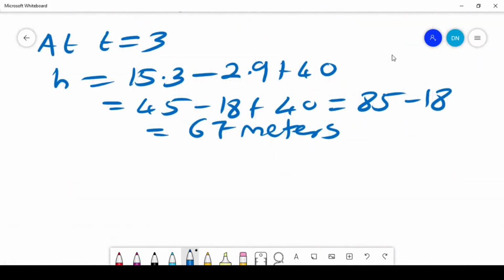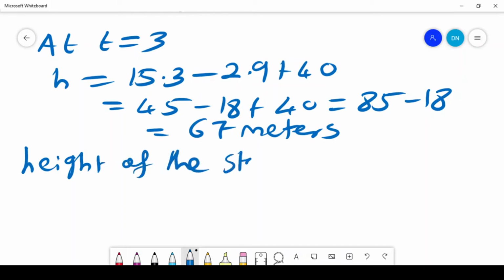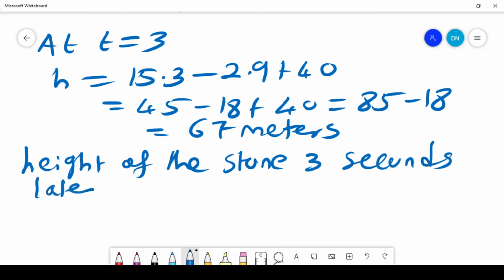So what do we conclude? The height of the stone 3 seconds later is 67 meters.